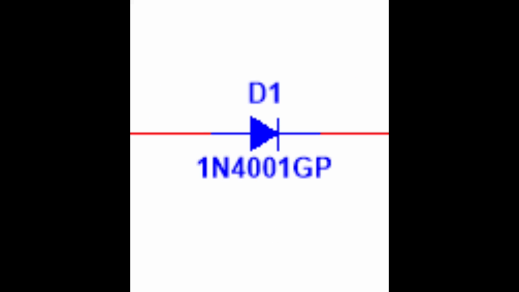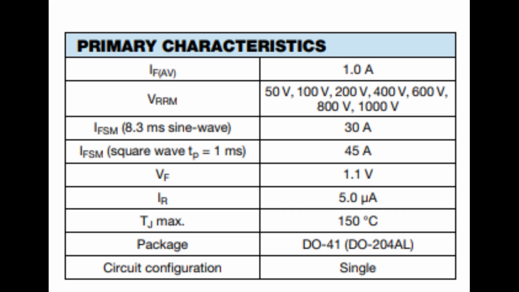In the Multisim simulation, a general purpose 1N4001 diode was used. This diode was chosen for its forward average current being 1 amp, its reverse peak voltage being 50 volts, and its forward surge current being 30 amps, all of which are below our design specifications.